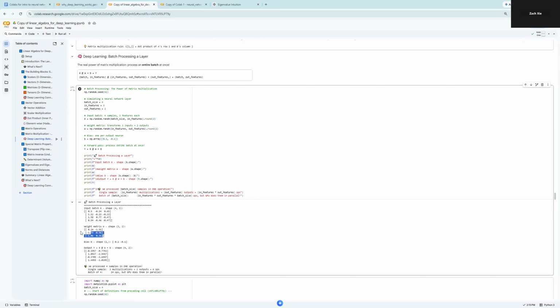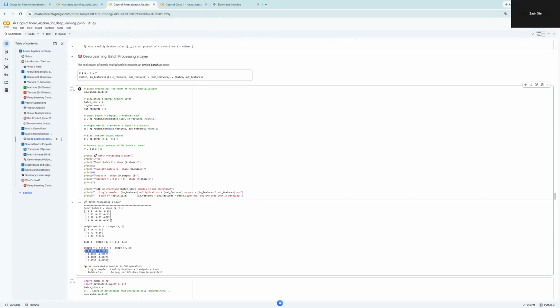It's just the first row multiplied with the weight matrix, and you end up with a 1 by 2 matrix as the result.